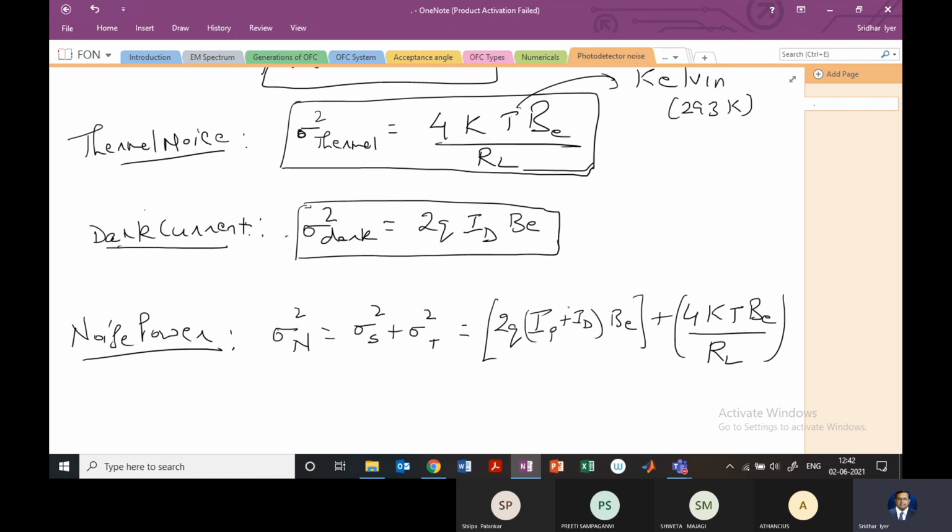So I'm just trying to see what numerical we can solve. There's nothing in Gerd Keiser, so let me look into John Senior. Once you know the equations, it's very simple to solve these problems.